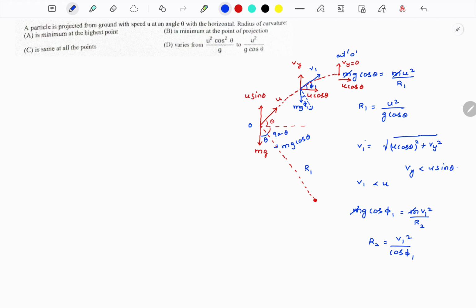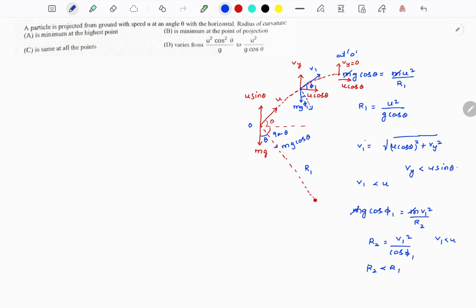Since this velocity is less, because v1 is less than u, the increasing angle does not affect that much, so r2 will be less than r1.